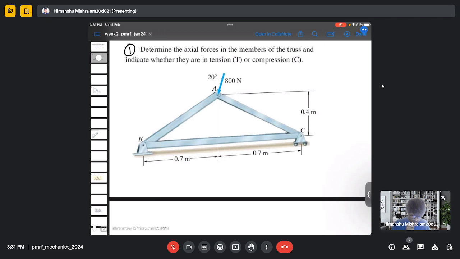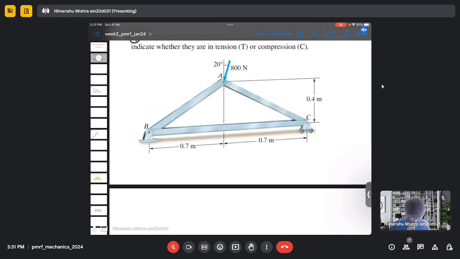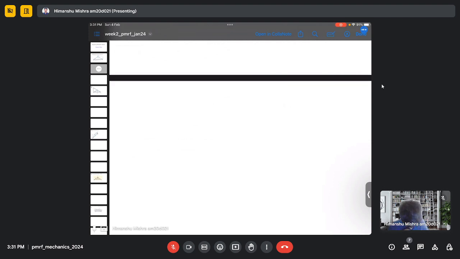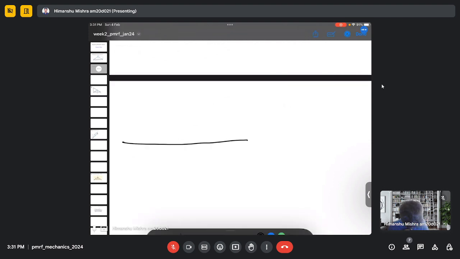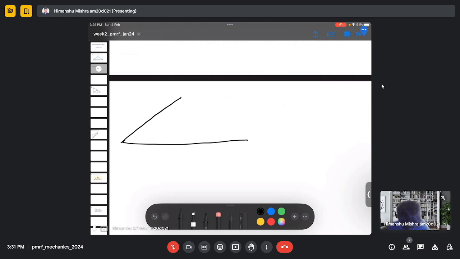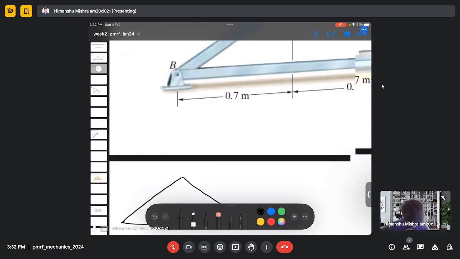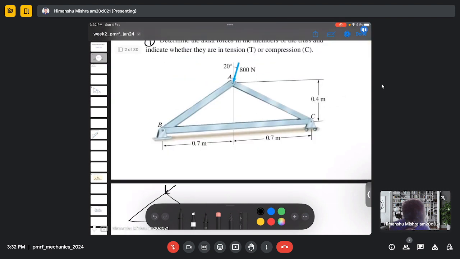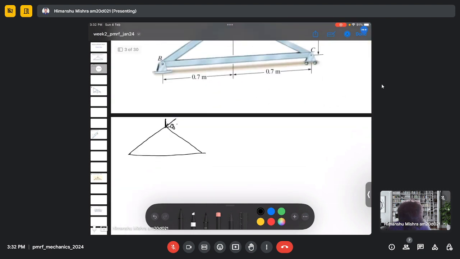Here the question will be the same for all the cases. We need to determine the forces in the members of the truss. So first let's draw a figure here. We have an applied force here, which is 800 Newton at 20 degrees.